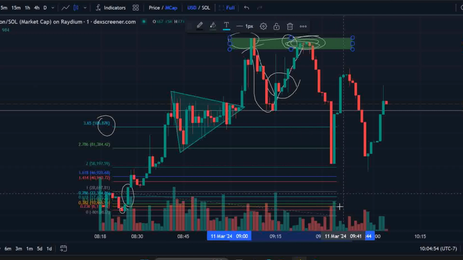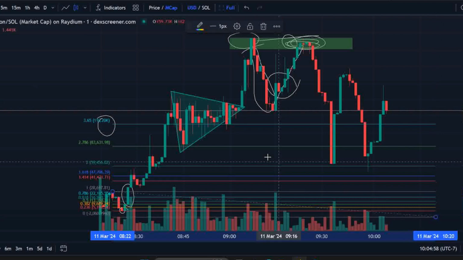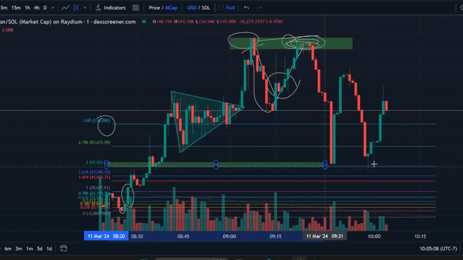In this case it found a support on the Fibonacci 2 level, which is, I think, a sign of strength.